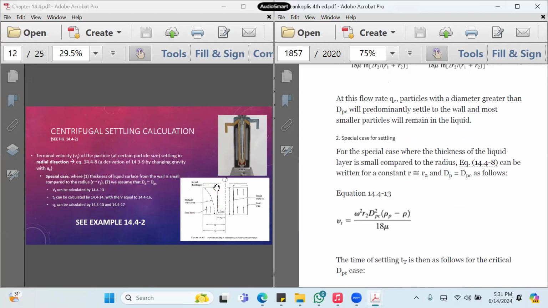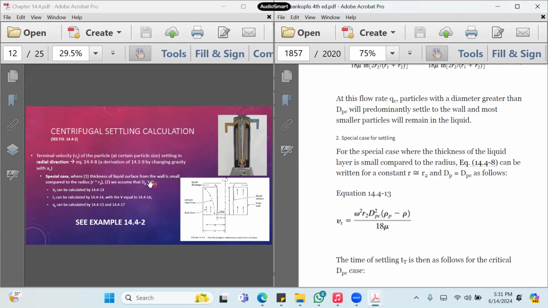So the liquid interface is not here, but here, very thin. So R is almost reaching R2, almost reaching the wall, because the liquid layer is very thin. The second requirement is that dP equals dPc.